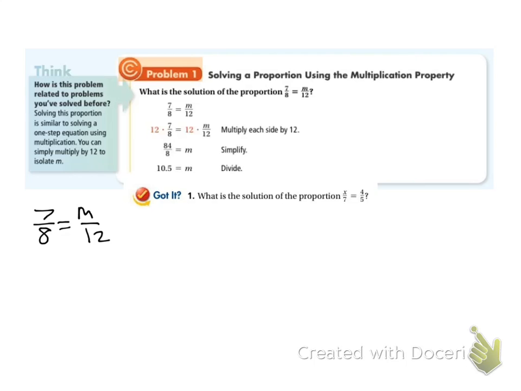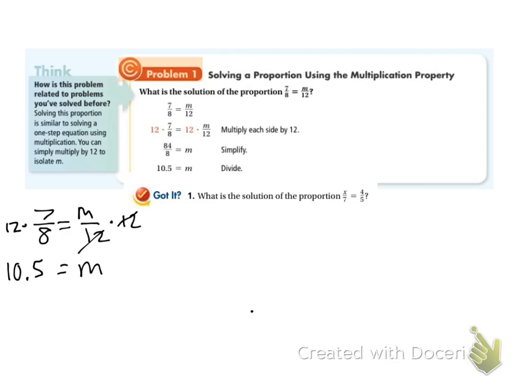So it doesn't matter that it's a proportion, doesn't matter that there's a fraction there. Multiply both sides by 12. So my 12s cancel off over here, and I just have M. That's 2. And over here, I get 10.5.